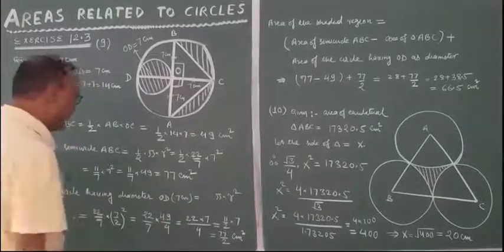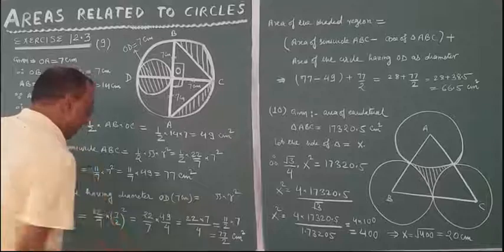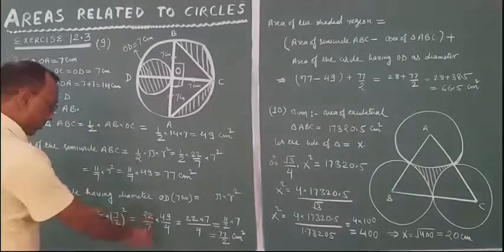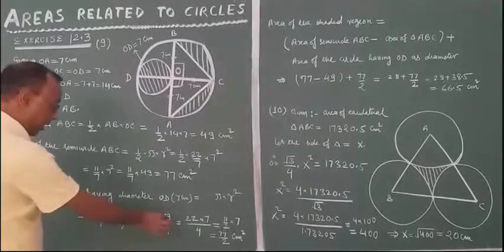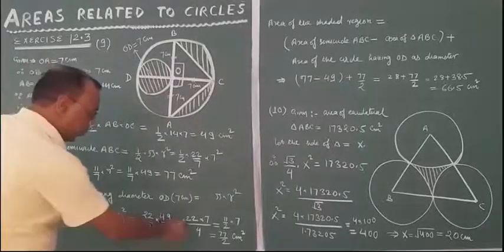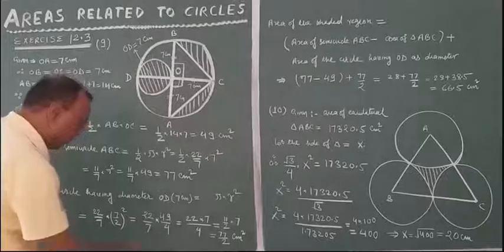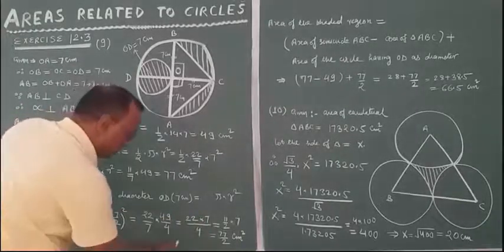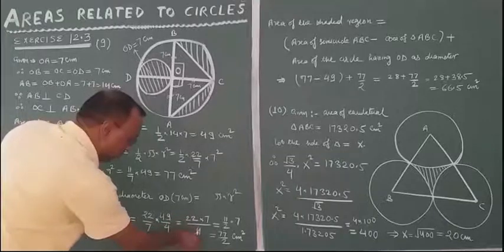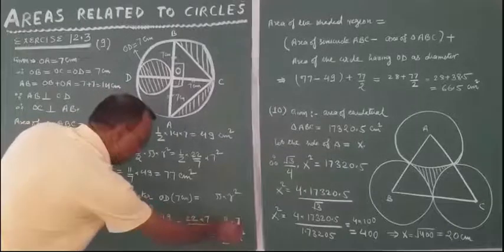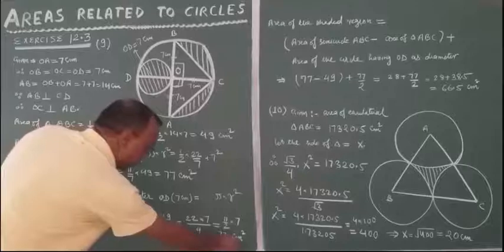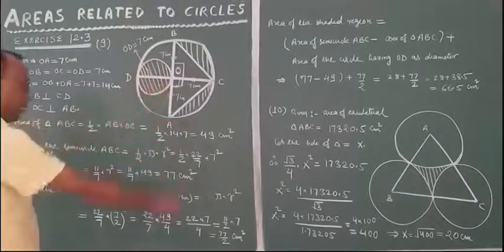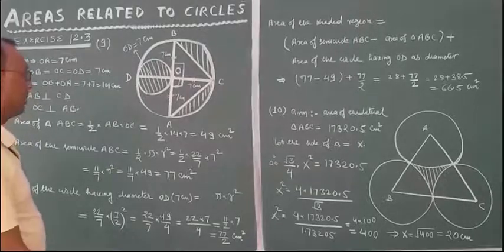So the area is pi into 7 upon 2 whole square, that is 22 upon 7 into 49 upon 4. So this is 22 into 7 upon 4, because 7 sevens are 49. Now you can divide this by 2: 11 upon 2 into 7. That is 77 upon 2 centimeter square. So the area of this is 77 upon 2 centimeter square.